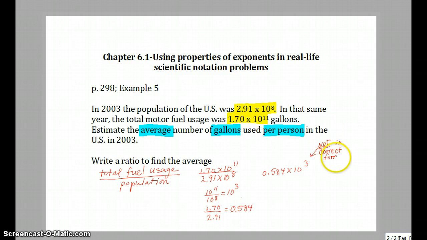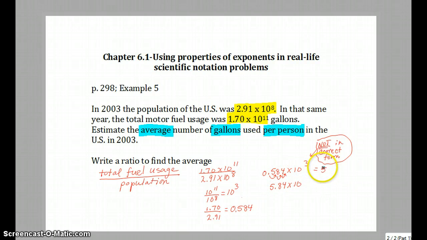In order to be in correct form, you actually have to have a single digit, not the number 0, but something from 1 to 9 right there. So we move the decimal over 1. So it would be 5.84 times 10 to the something. Now, we know that when you multiply 0.584 times 10 to the 3rd, it moves the decimal 3 places.